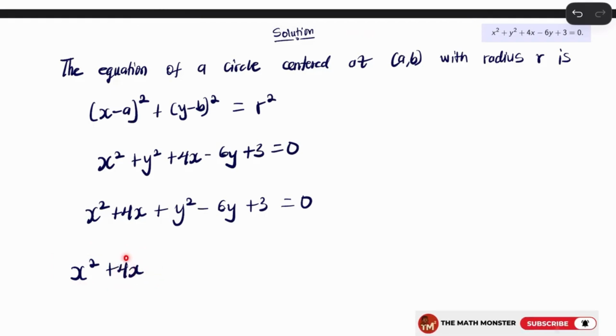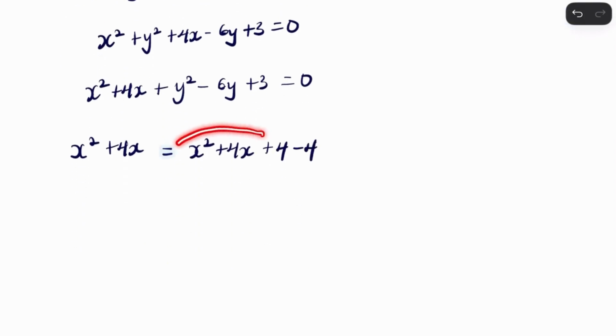So half of 4 is going to be 2. Then you square 2, that's going to give you 4. Then you add and subtract. So we are going to have x squared plus 4x, then plus 4 minus 4. This term here is just x plus 2 all squared, right? Then we now add the minus 4 to it, so minus 4, right?